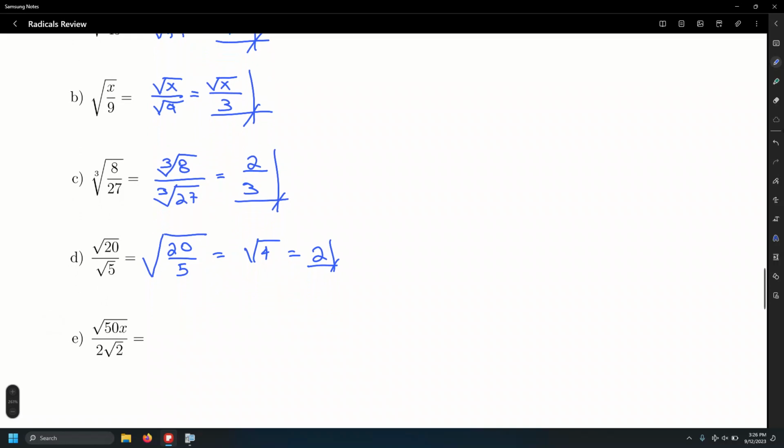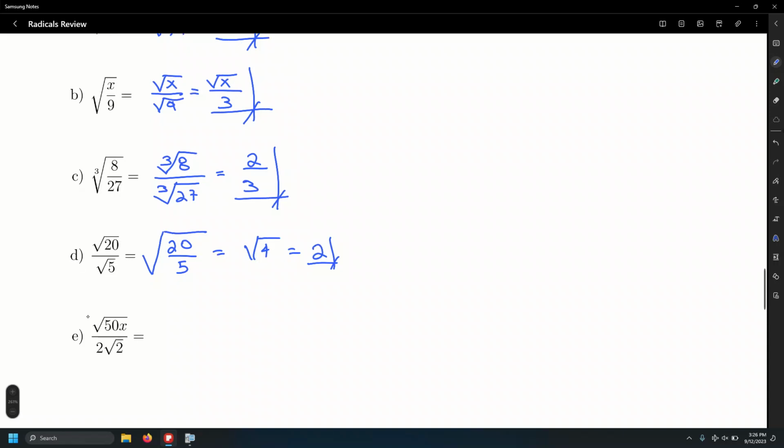The next one could be a little tricky, especially with the way we are going to denote this 2 in the denominator. However, we're going to focus on the quotient between the two radicals. Let me write this as 1 over 2, as 1/2 times the square root of 50x over the square root of 2.